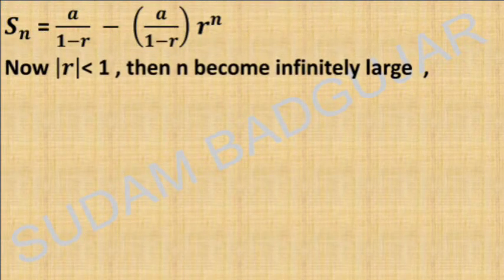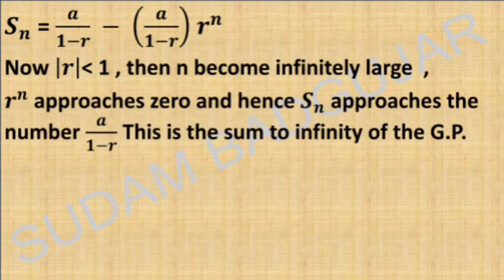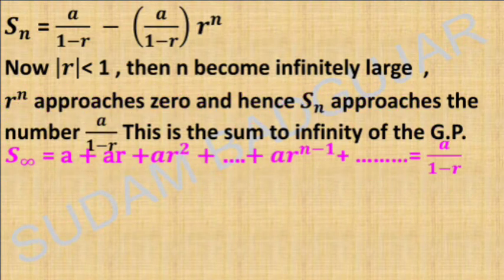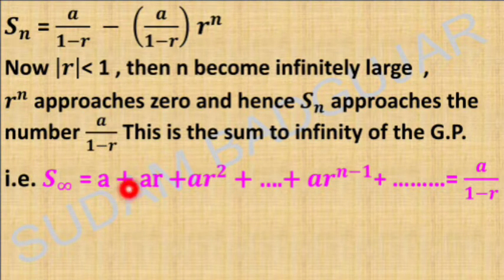So here, when n becomes infinitely large, R raised to n approaches 0, and hence Sn approaches the number A upon 1 minus R. This is the sum to infinity of the GP, that is S infinity is equal to A plus AR plus AR square up to AR raised to n minus 1 plus so on, is equal to A upon 1 minus R. Okay, because this term is 0, it is nothing but A upon 1 minus R.